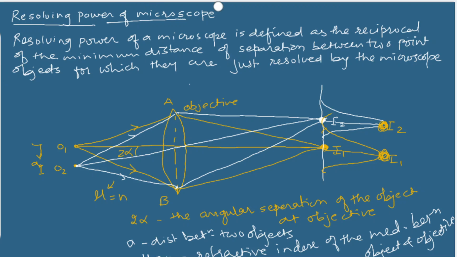Now we'll go next and see how to find this and what the path difference is. The distance between two objects, A, is given in terms of lambda, the wavelength, and the numerical aperture.